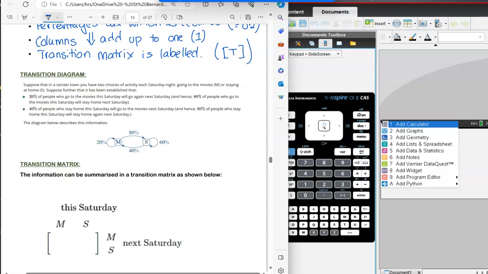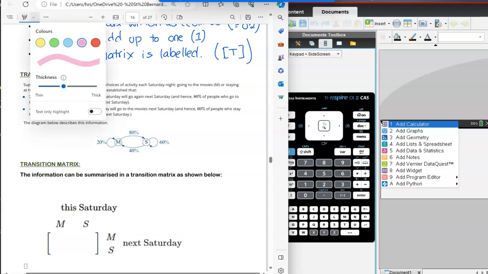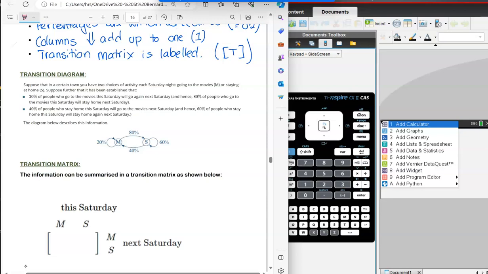And 80% of those who go to the movies this Saturday will stay home the next Saturday. And then the other stat, 40% of the people who stayed home this Saturday will go to the movies next one.